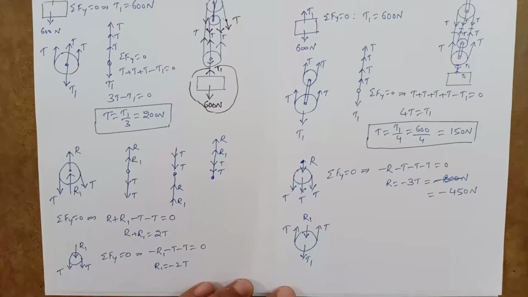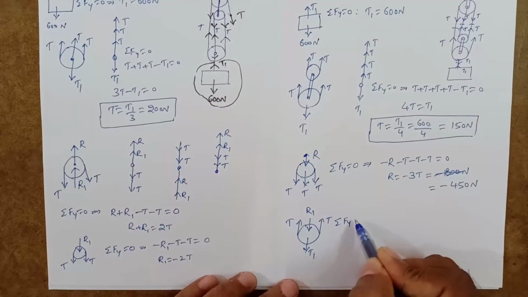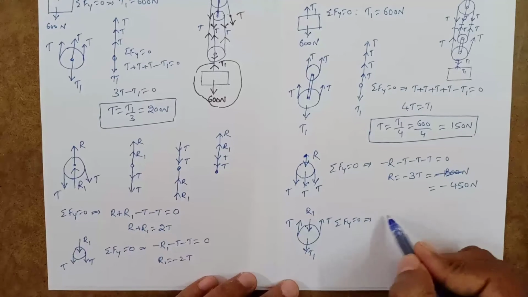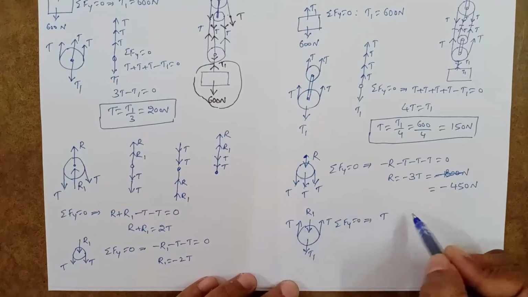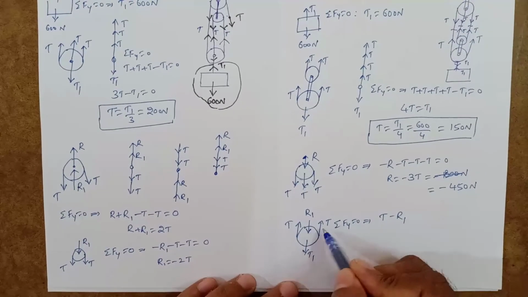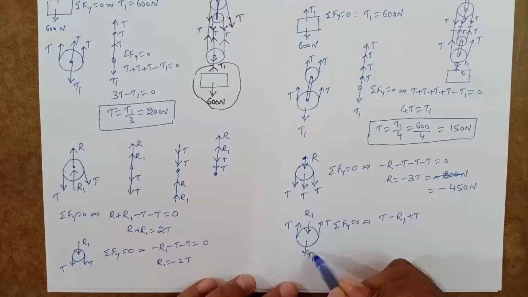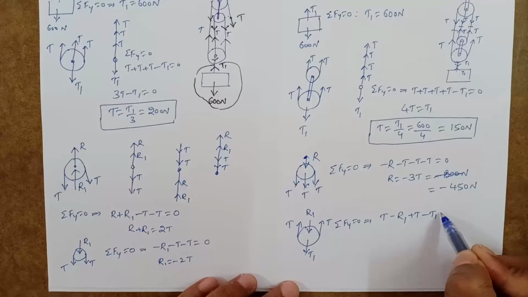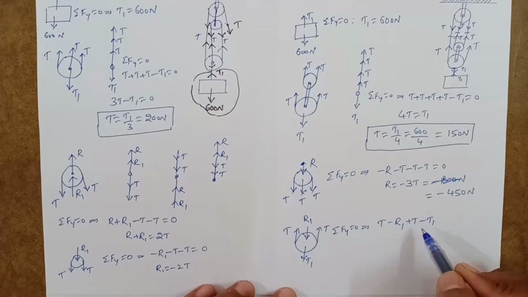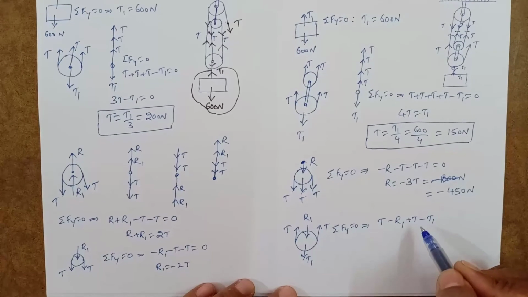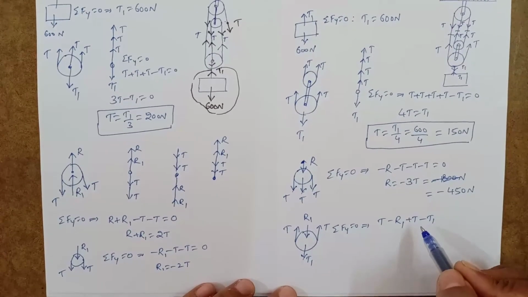Again write sigma Fy equal to 0, then it will become plus T acting in the upward direction, and minus R1 in the downward direction, again plus T upward, and minus T1 downward. This is our sigma Fy. We have to consider all the forces. If you forget any force, then we will get a wrong answer.